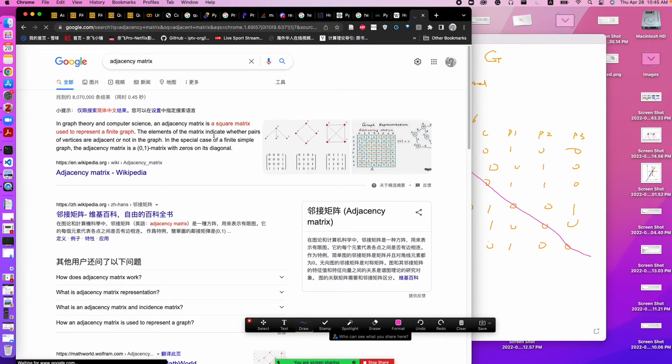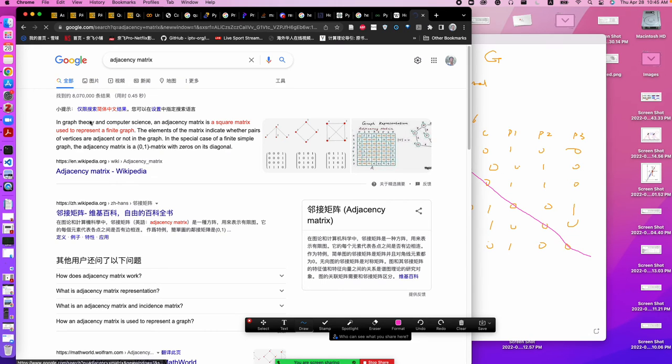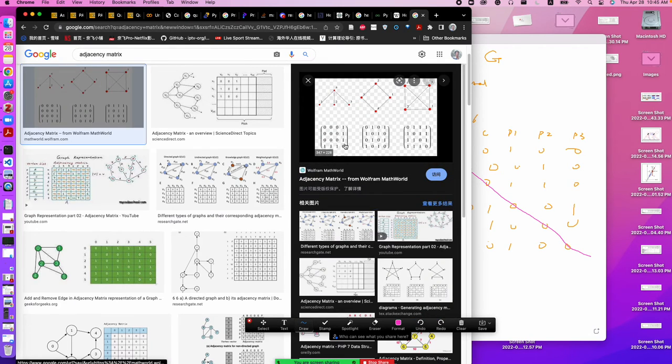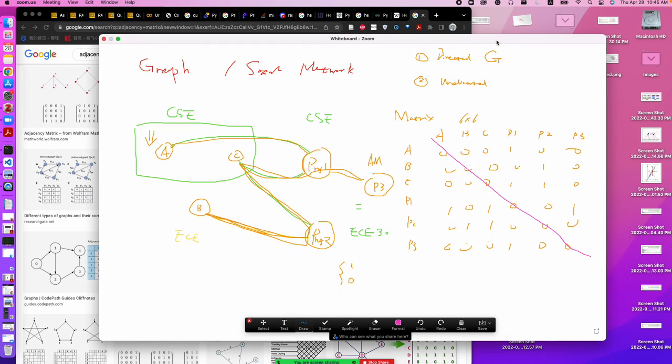Adjacency matrix. Right? That means along this diagonal direction, the elements from rows to columns are reflected by this diagonal. You see? These are the same elements.